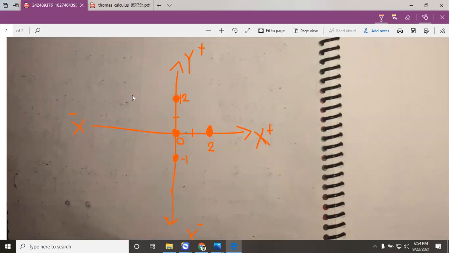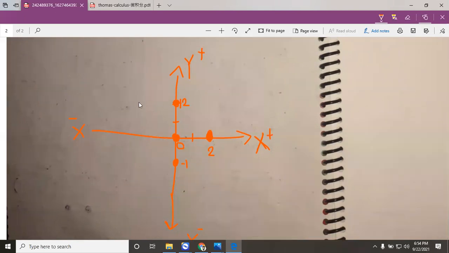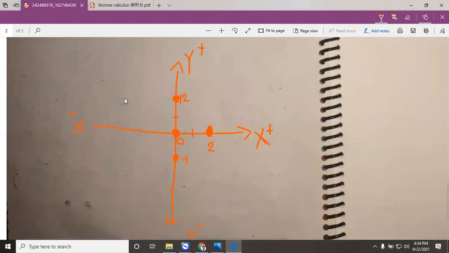Now we have to draw a vertical line, a horizontal line, okay. So we can draw a horizontal line from this point and also from this point, and also from this point.